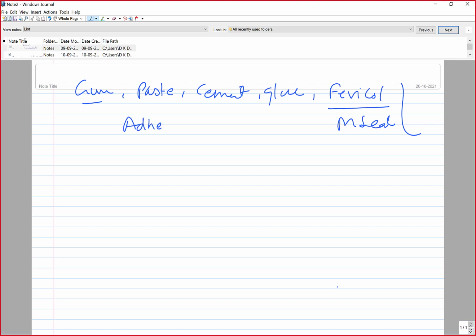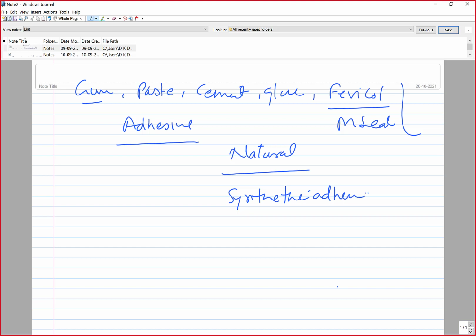There are various categories, like natural adhesives that you get from nature, from plants, or synthetic adhesives. These can be organic or inorganic kinds of adhesives. We will not go into those details.